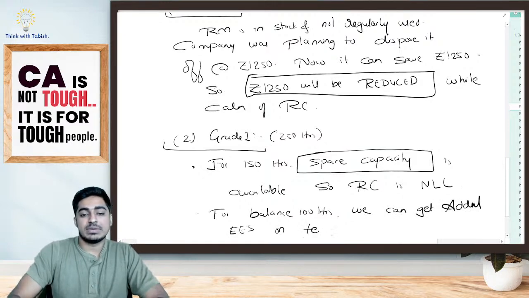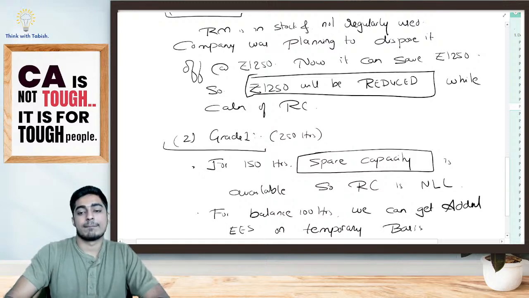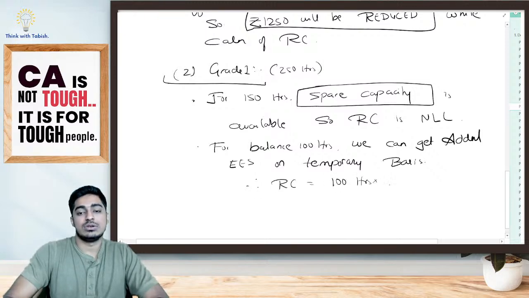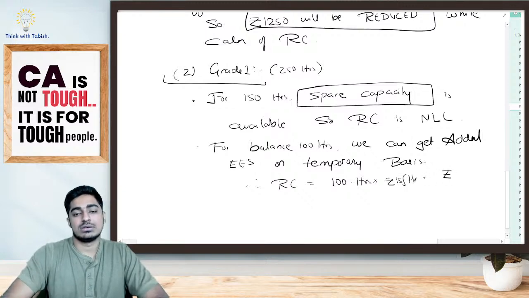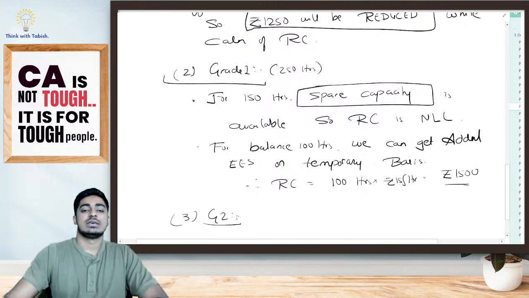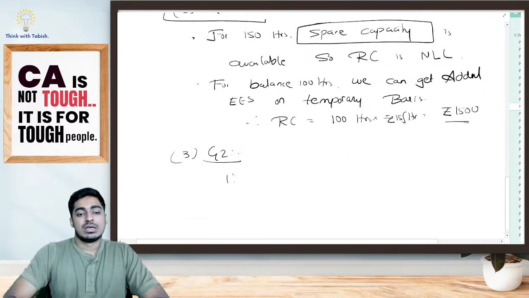On temporary basis. Therefore, relevant cost is 100 hours into rupees 15 per hour. It is 1500. And next you can write for grade 2 as well. 100 hours is required.